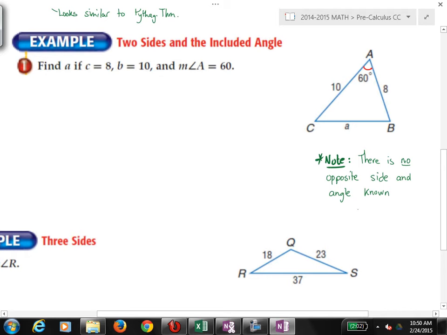So if I choose angle A up here, I go across it and I don't know what side A is. So I don't have that opposite pair known. I have the side B, but then I go across it, I don't know the angle. Same thing for 8 and C. So that's why I cannot use law of sines. There is no opposite side and angle known, so I cannot use law of sines.